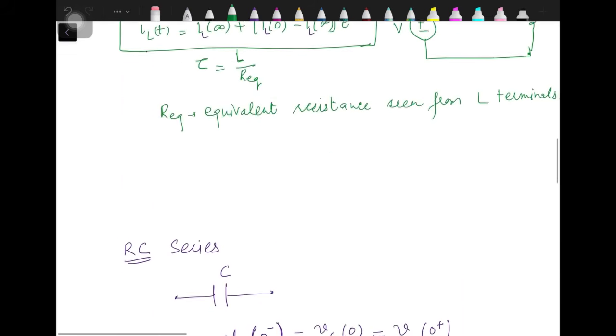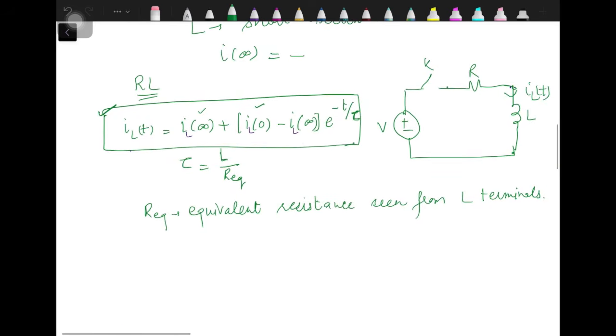Similarly, in case of an RL circuit, we first obtain the current through the inductor, and if it is asked that we have to find out the voltage across this inductor, let's say VL(t), then this VL(t) can be calculated by using L di by dt. So this is how we do the calculations.